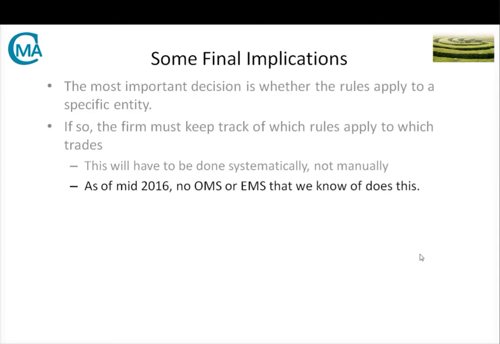So the place where that has to happen is in the OMS, and probably there rather than EMS. But to the OMS structure that says, here's an order that's going in, what instrument, what customer, which rules apply, and go and find a piece of logic that will apply that.